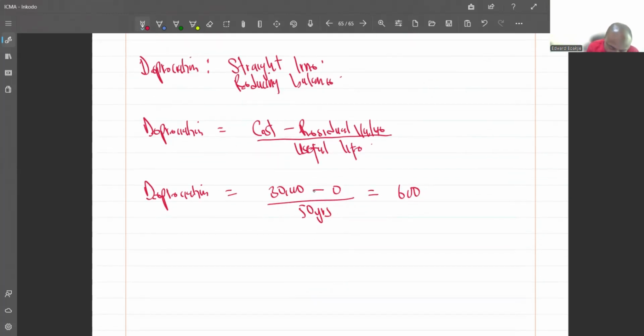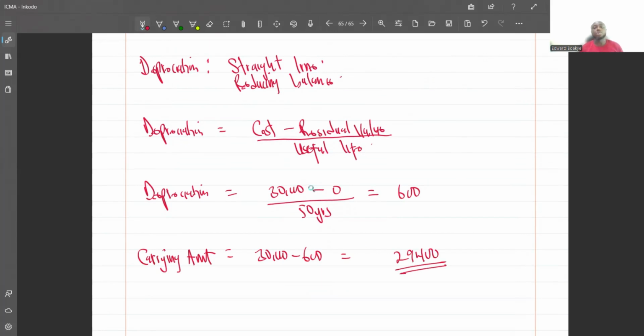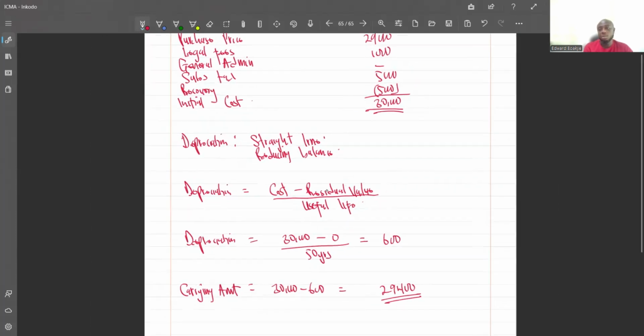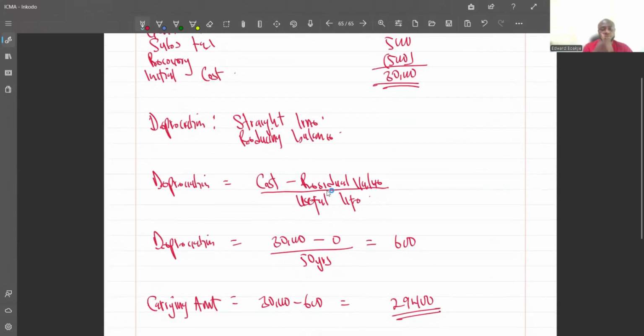So the current amount is now going to be 30,000 minus 600, which will give us 29,400. So this is the current amount, the depreciation, and the initial cost of this asset, the asset Atiku bought.